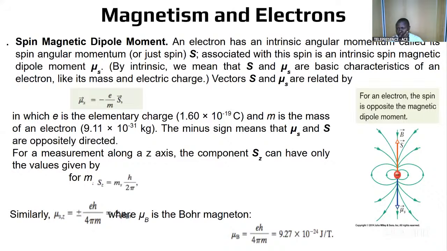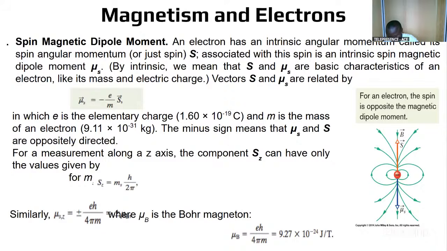Now we want to look at magnetism and electrons. These aspects will enlighten us that electrons can also behave as a tiny magnet.